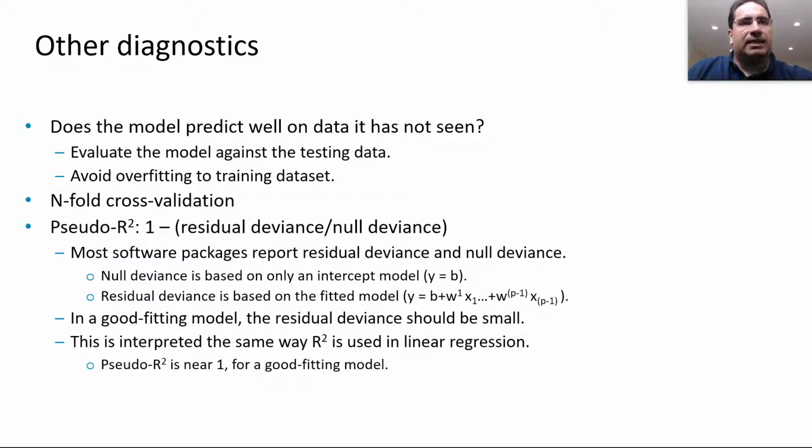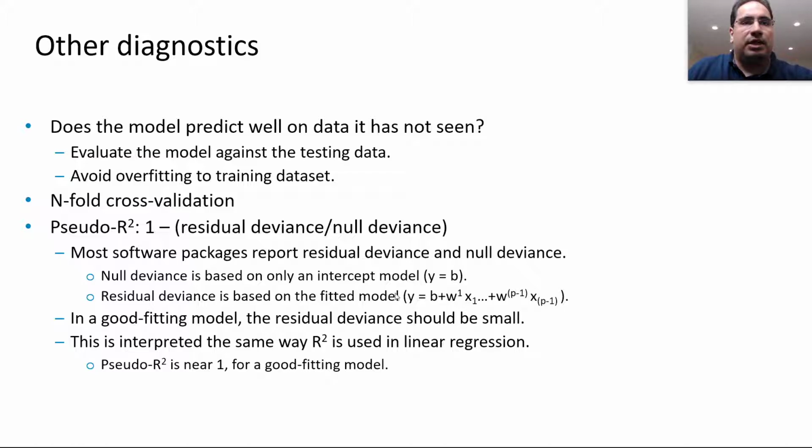happen. And similar to linear regression, we have a pseudo R squared. Pseudo R squared is a measure that is defined for logistic regression that you could use, and the formula is 1 minus the residual deviance over the null deviance. You could calculate these based on the formulas below, and most of the software packages report the pseudo R squared, even the residual deviance and null deviance.